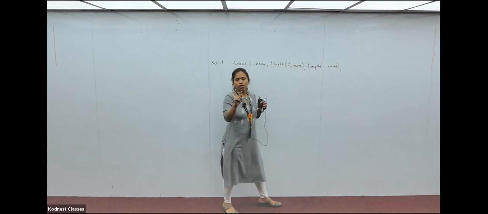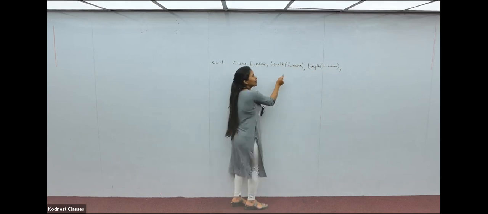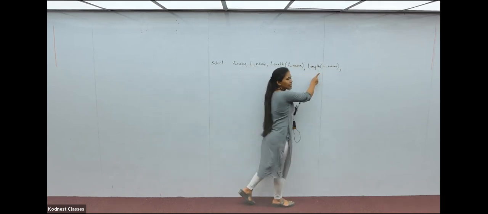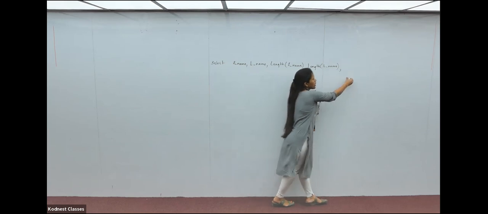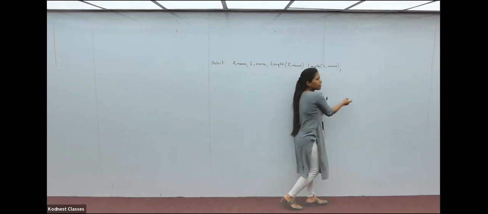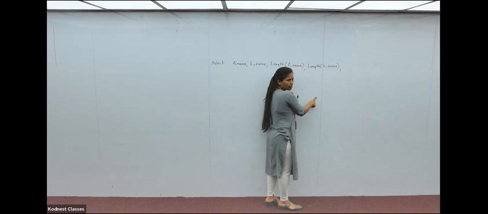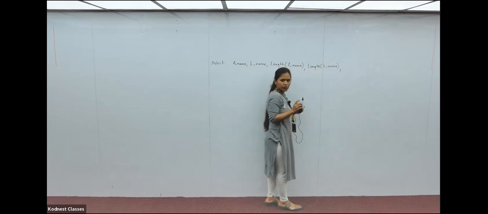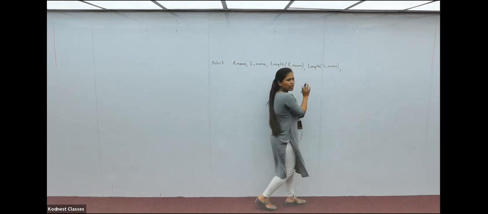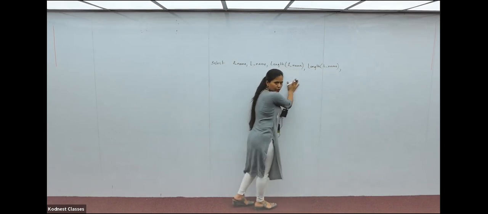Now what should be that is, if length of first name is equal to length of last name, then it should display null. If in case they are not equal, then it should display the length of first name. This is what it is. So now these things we will consider normally. Normally how we write?